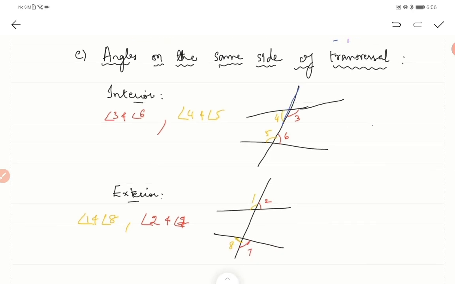So this is your transversal, isn't it? On the same side, 4 and 5 are on the same side, and these two are interior. Also 1 and 8 are on the same side of the transversal, that is the left side. And on the right side you have 3 and 6 which are interior, and then you have 2 and 7 on the right side.